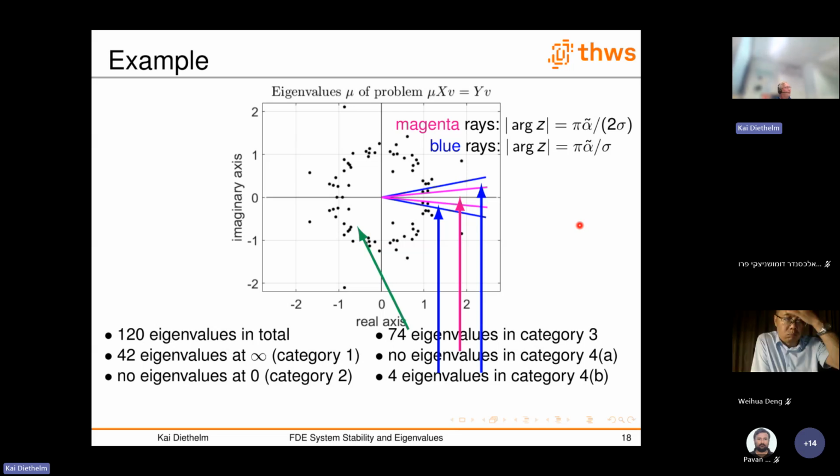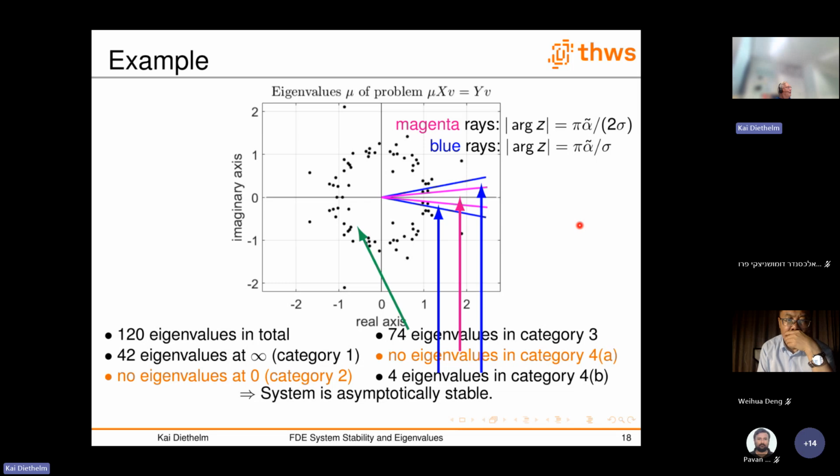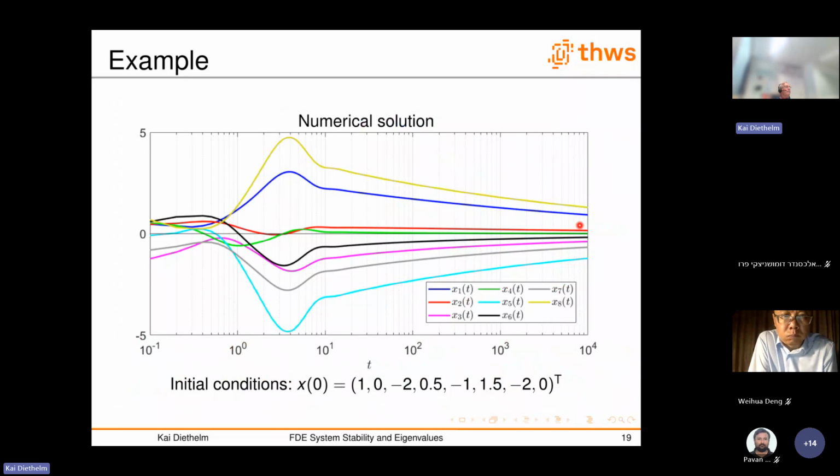This picture is always symmetric when the matrix is real, symmetric relative to the real axis. So in summary, we have no eigenvalues in category 2, no eigenvalues in category 4, and that means the system is asymptotically stable.